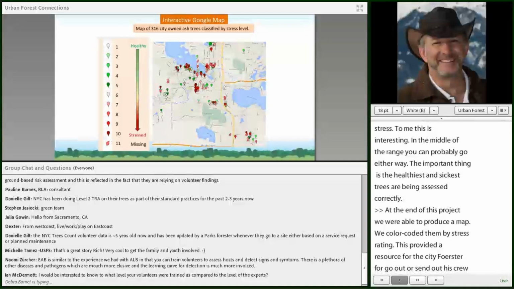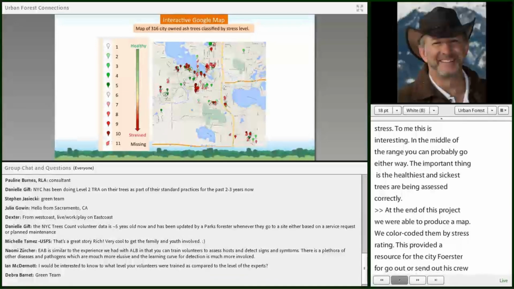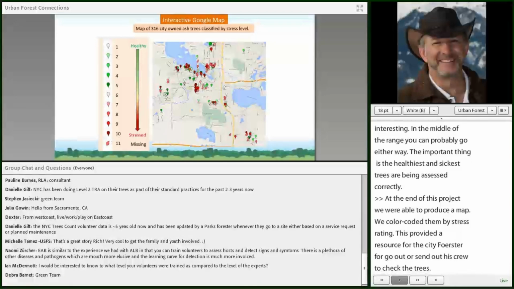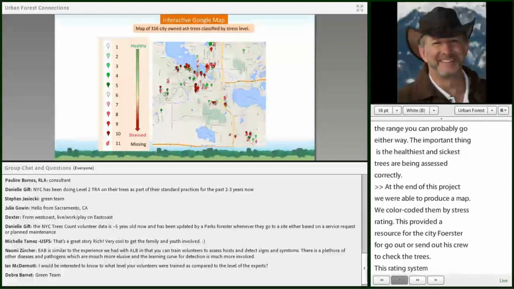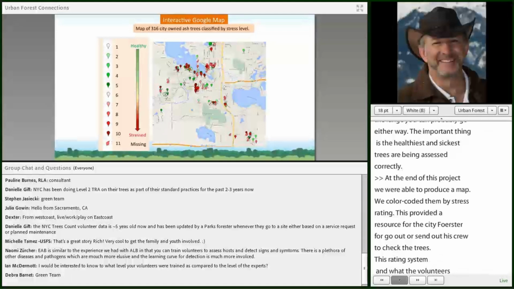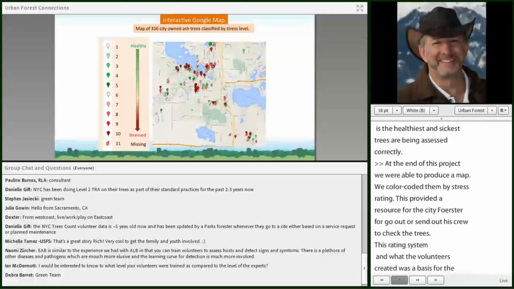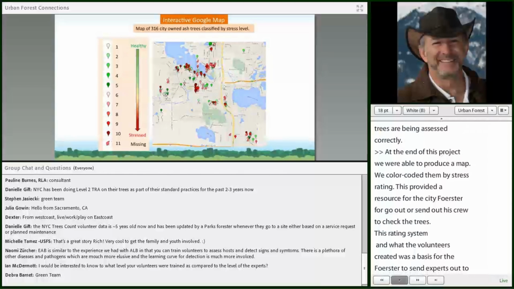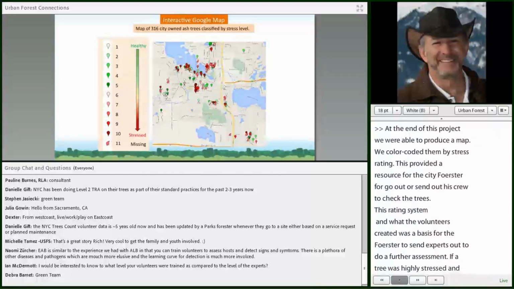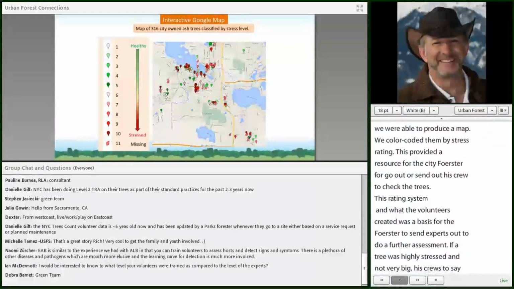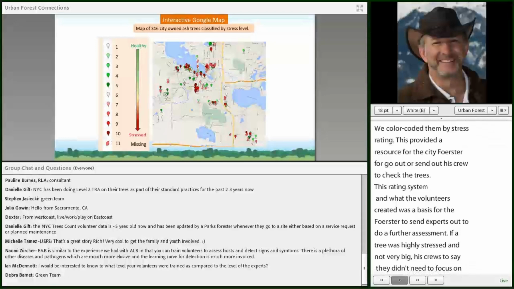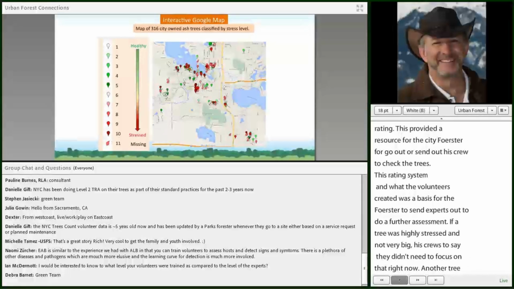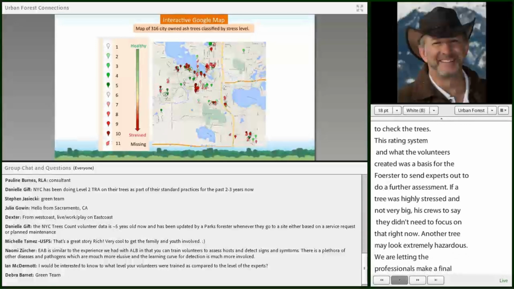One thing I'd like to stress here is that this rating system and what the volunteers created was really just a basis for the forester to use to send experts out to do a further assessment of the trees. So if a tree was highly stressed but not very big, his crews could say that they didn't need to focus on that right now, but then another tree might look extremely hazardous. And so we're letting the professionals make the final determination on what's hazardous and what's not. And this is really important from a liability standpoint.